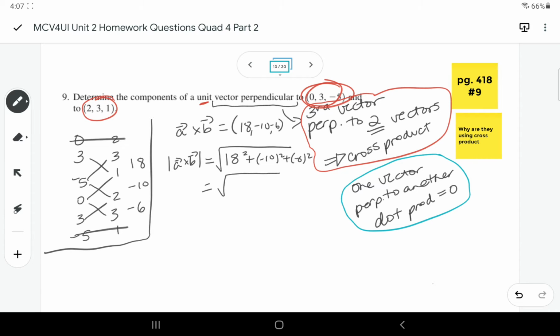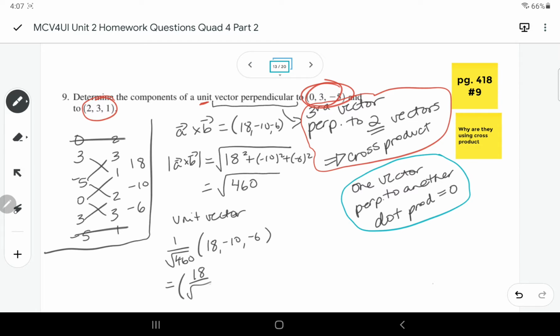So 18 squared plus 10 squared plus 6 squared is, we've got square root of 460. So the unit vector is 1 over root 460 times the given cross product.